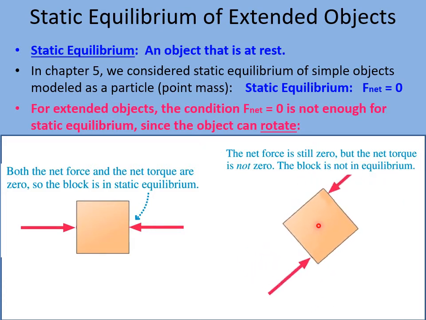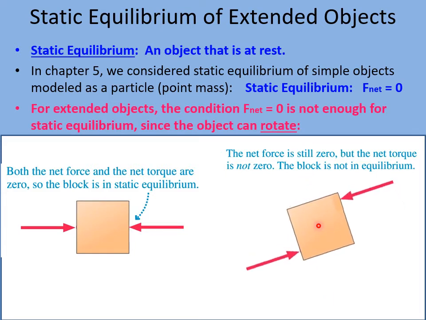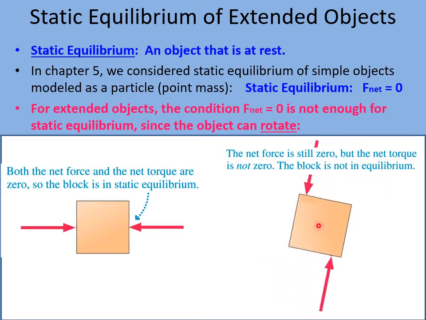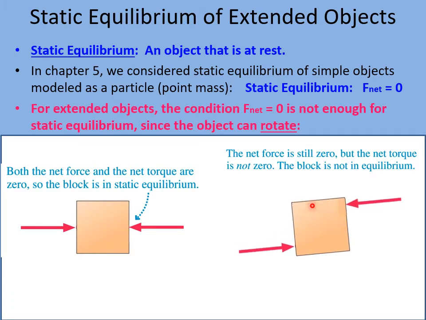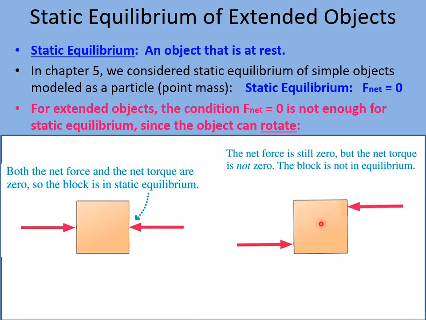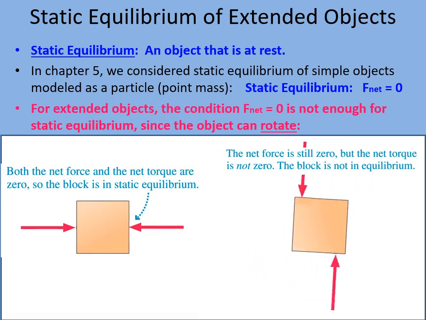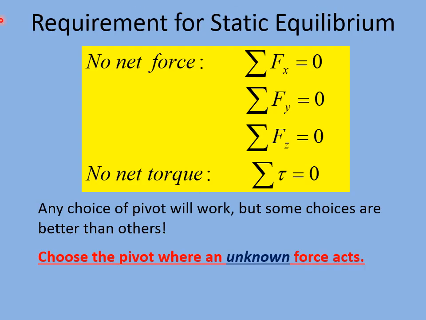So in other words, we need more now to have static equilibrium of an object. We need not only the forces to be balanced so that there's no net force, but we also have to make sure that the torques are balanced so that there's no net torque. So our requirement for static equilibrium now for an extended object is the following conditions.